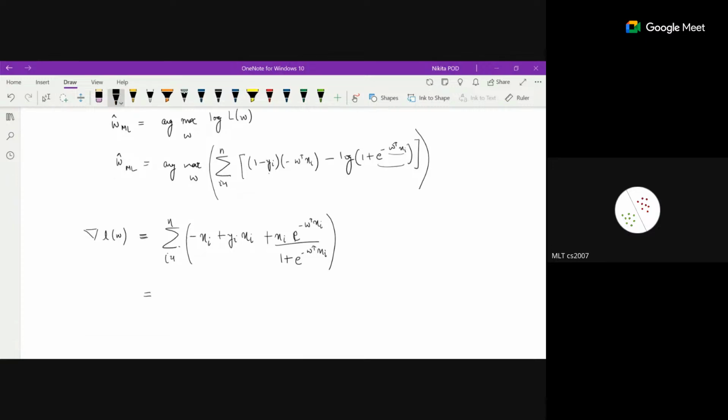So if we expand this a little more, I can just bring it to the front. So it is Yi and Xi I take common for the first and the second term. So I am going to get minus of Xi, 1 minus e to the power minus W transpose Xi divided by 1 plus e to the power minus W transpose Xi.